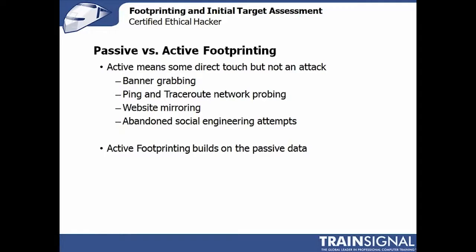They're still not penetration, but they're gathering information in a more direct fashion. So pinging a site, trace routing a site, actually grabbing all of the information from a site in a technique called mirroring, where you're downloading every bit of data you possibly can find from a website. It may not be a security violation, but it is certainly an active footprinting technique.